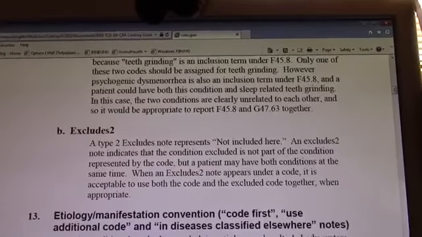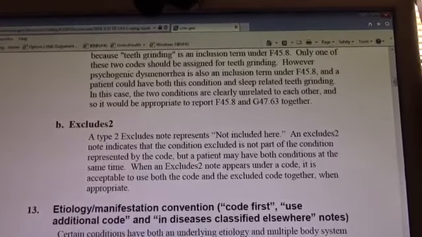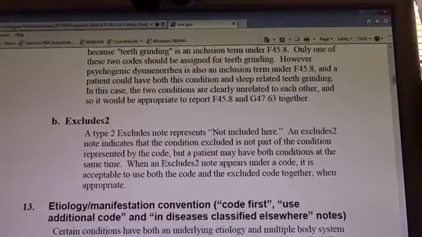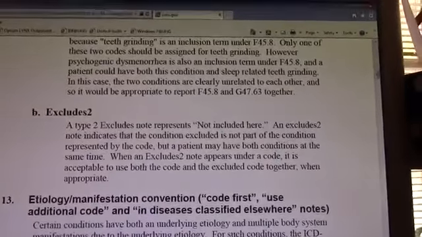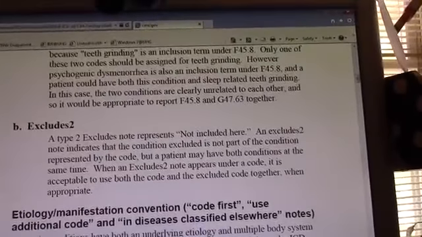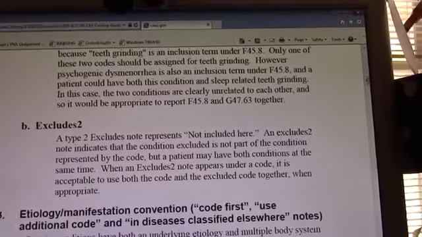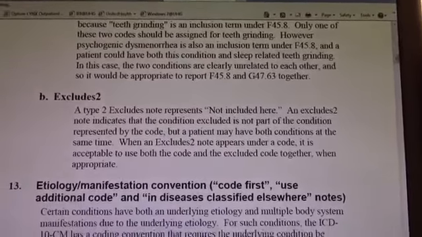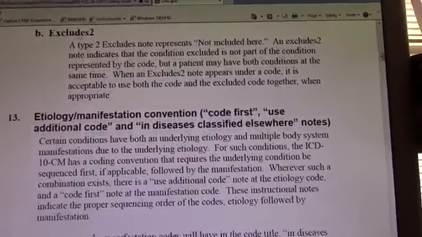So when an excludes note appears under a code, it's acceptable to use both codes together, but only when it's appropriate, okay? Only when it's specified. So notice with Excludes1, no, you don't code an additional or an Excludes1 condition. But in Excludes2, you can if it applies in that particular case, but you usually don't see those together.